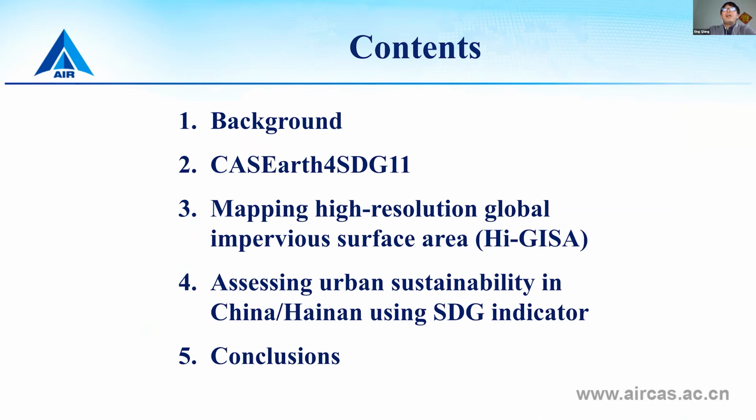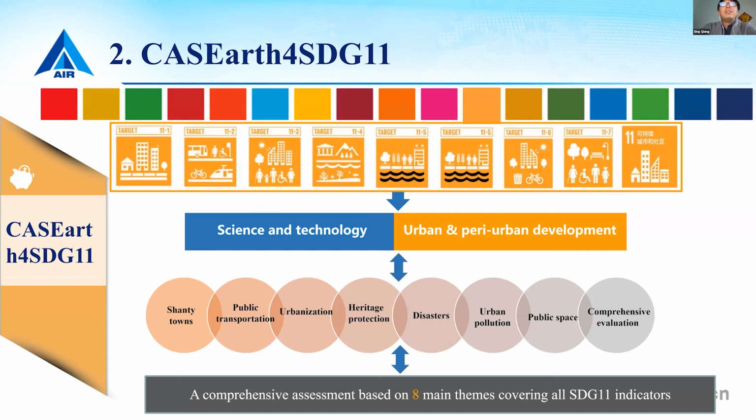So for the next part, I will come to the second part, the CASEarth project for SDG 11. For our CASEarth project, we proposed to introduce science and technology to assess urban and peri-urban development.